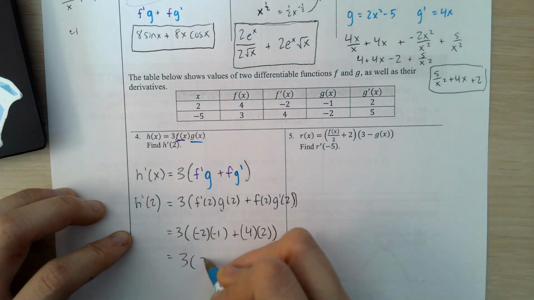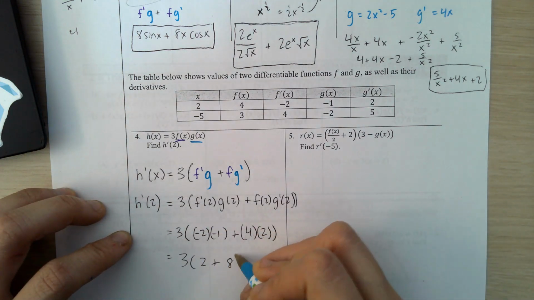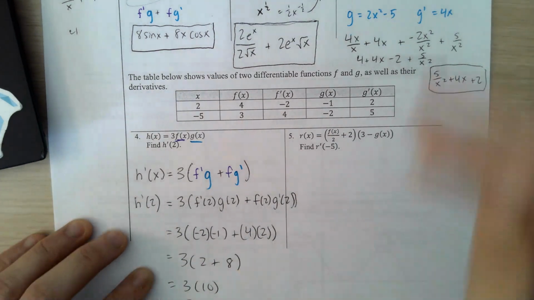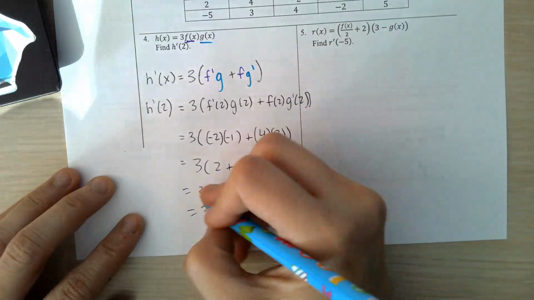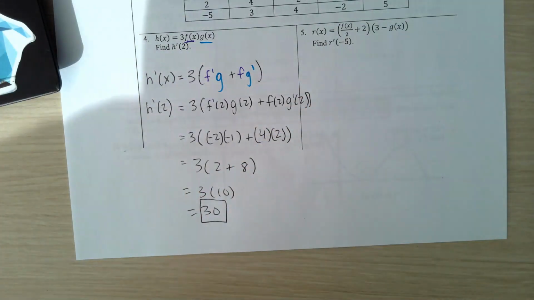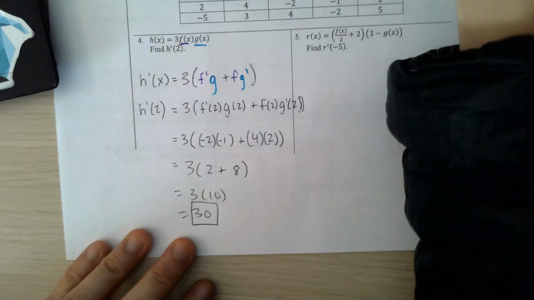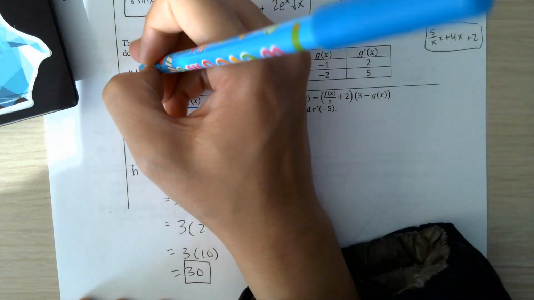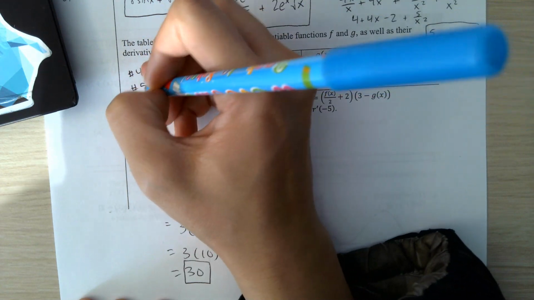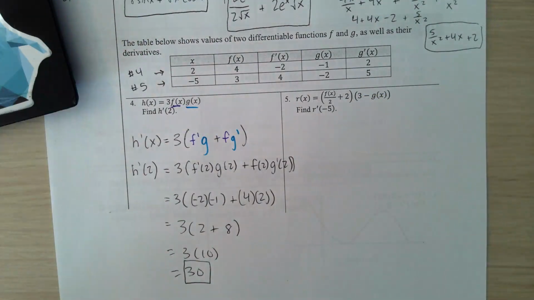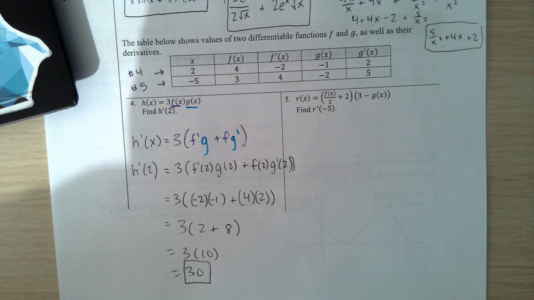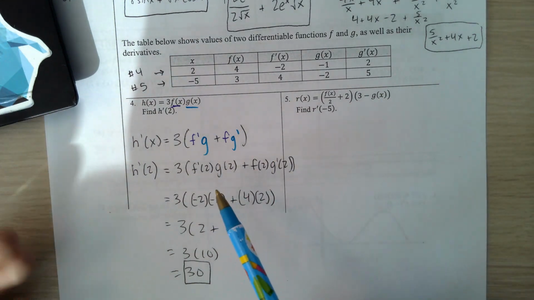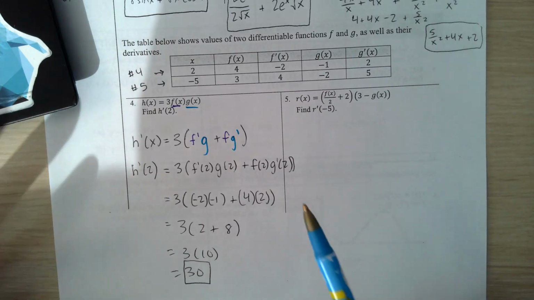So 3 times 2 plus 8, so 3 times 10 equals 30. This chart is definitely hard to read. I guess the trick is this one was for the first problem, right? This is for number 4, and this one's for number 5. So this one you actually didn't have to take the derivative, you just had to know what to do with the derivative.